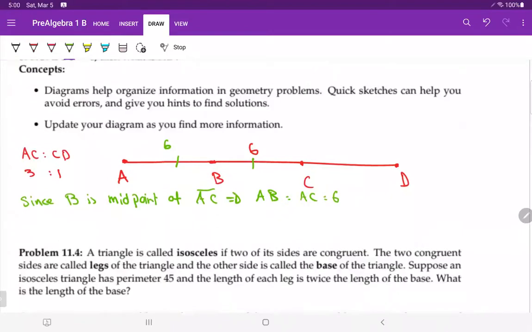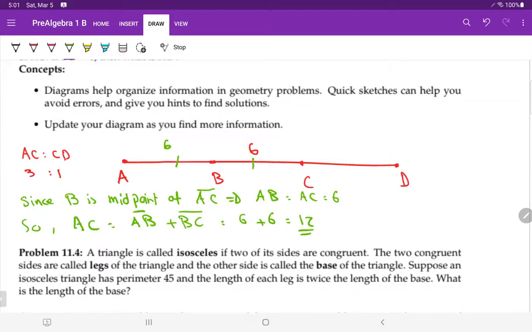So now we have AC. AC is 12. So AC equals AB plus BC. 6 plus 6 equals 12. Right? But what we know, the relation between AC and CD is 3 to 1.